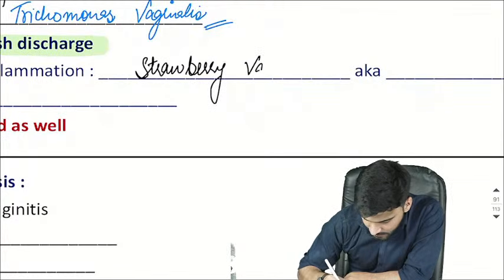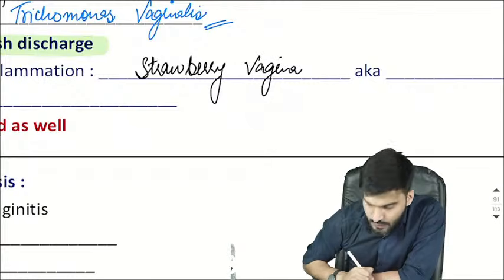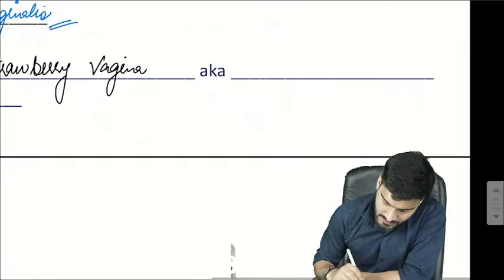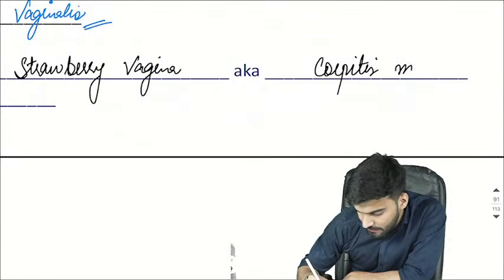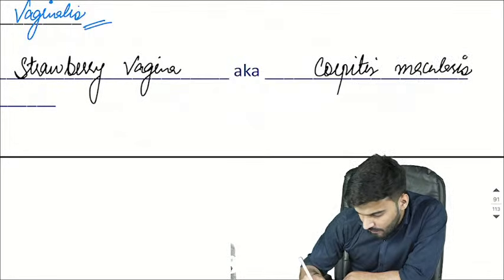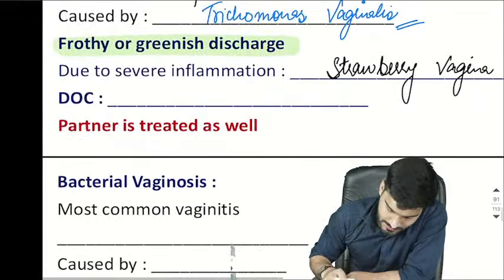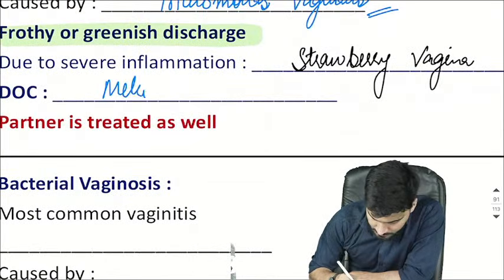Due to the severe inflammation and excessive pruritus, we have a strawberry vagina, which is also called colpitis macularis. Colpitis macularis.